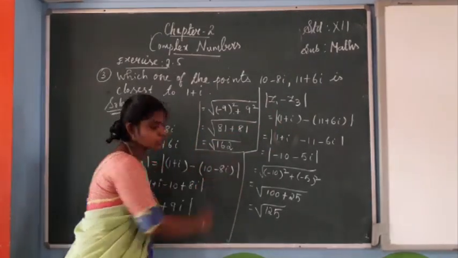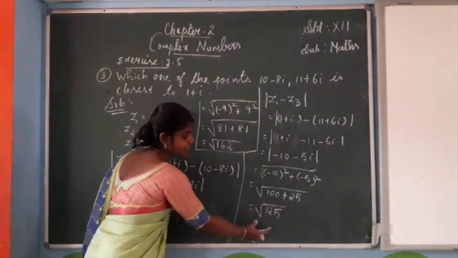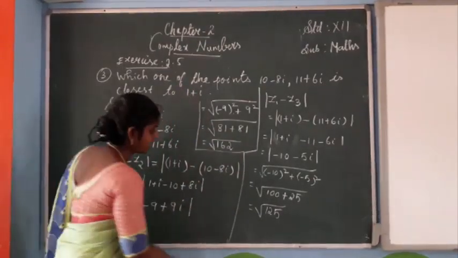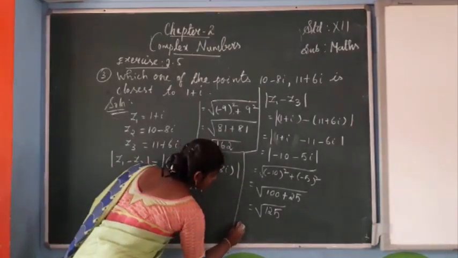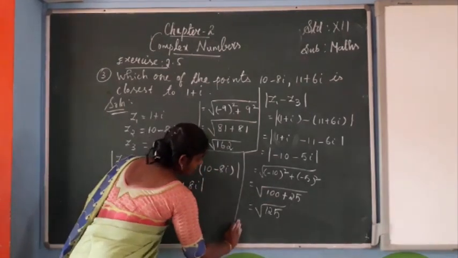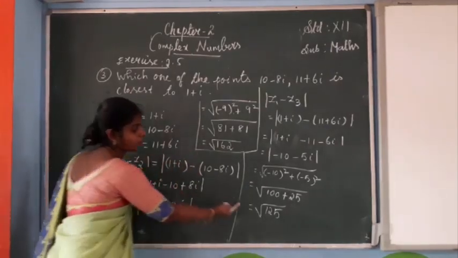Comparing both the values to see which is smaller, this is the smallest value, which is closest to 1 plus i. Comparatively, this value is smaller than this value.